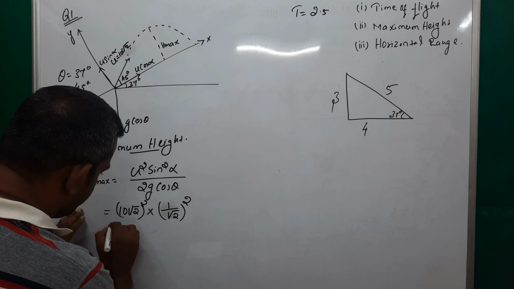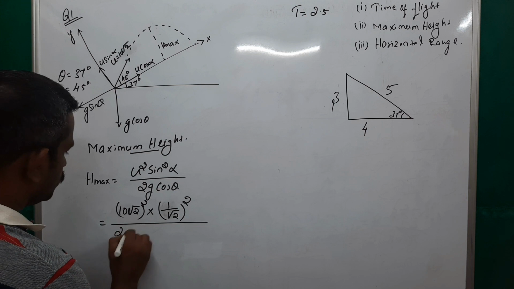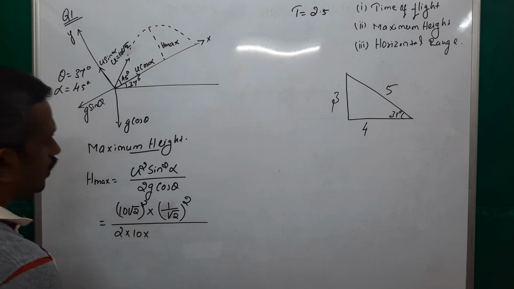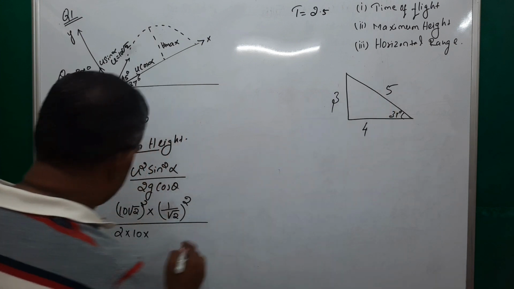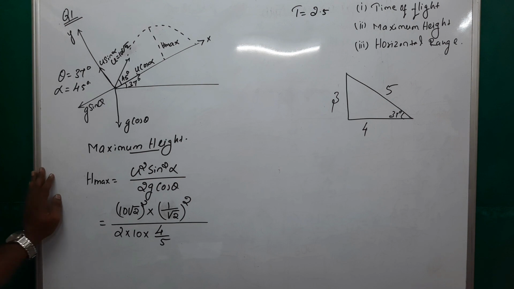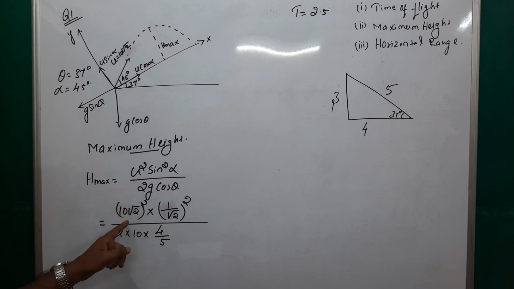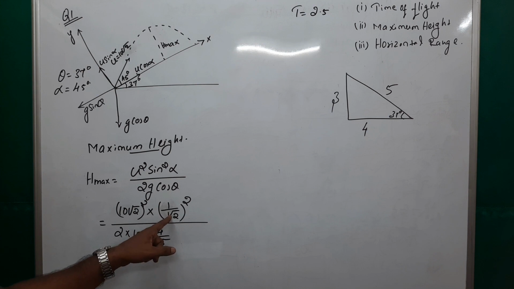Divided by 2 into 10 into cos theta, that is 4 by 5. So u square sin square alpha divided by 2g cos theta.